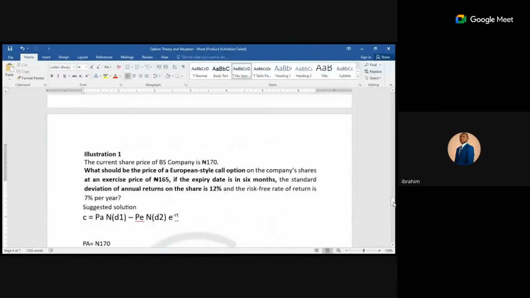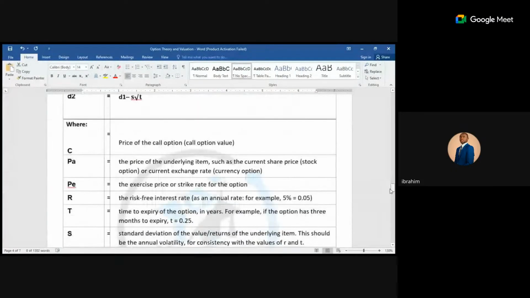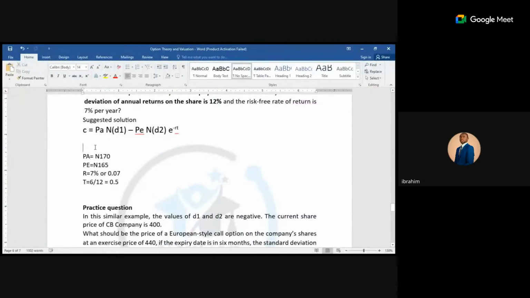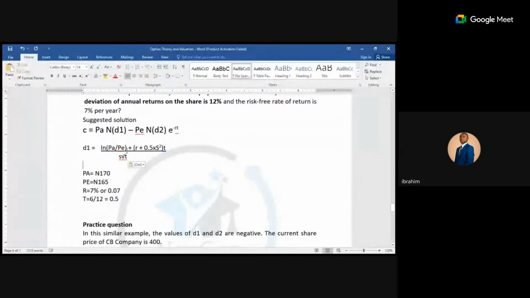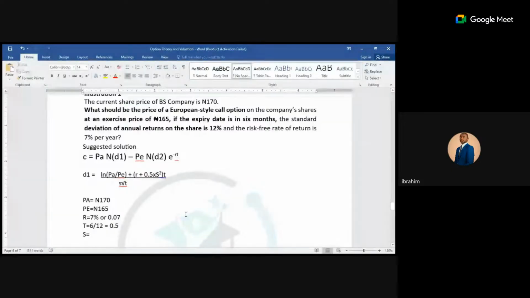So what is the formula for calculating D1? First, you need to get your D1. We have PA here, we have PE, so we need to put X. These are the 5 input variables. The standard deviation is 12%. So what will be our D1?